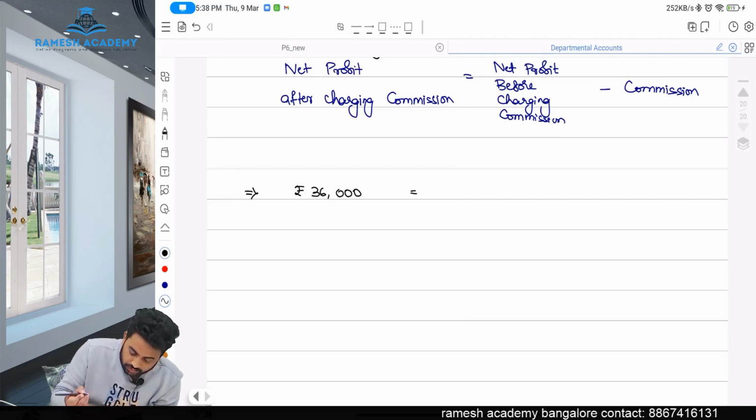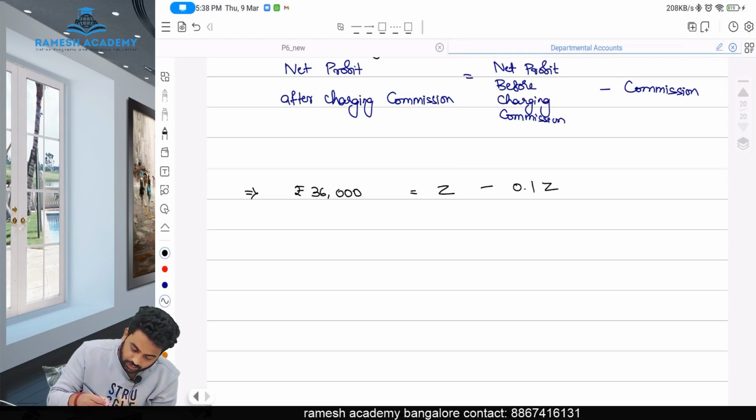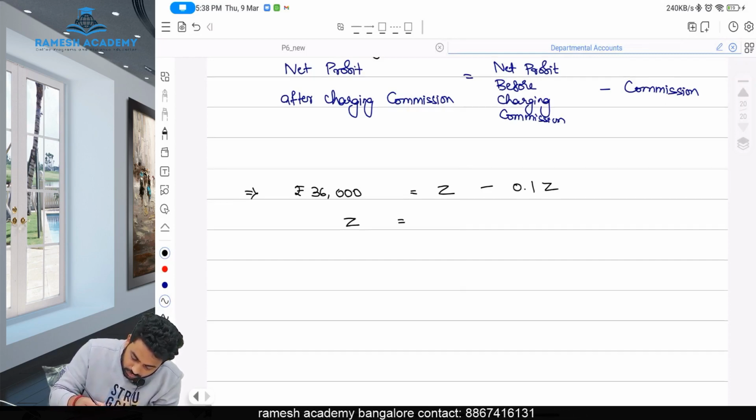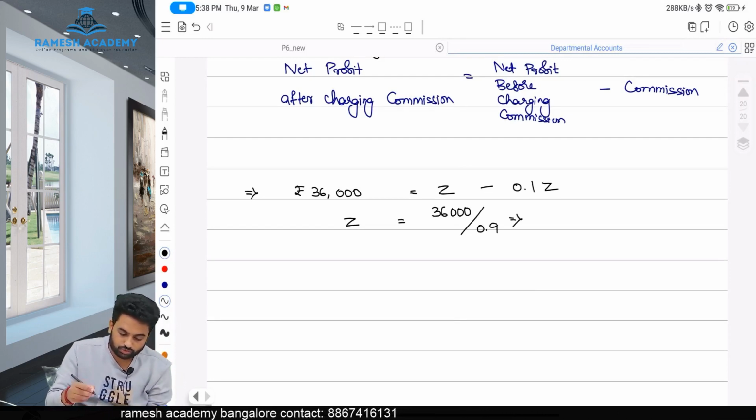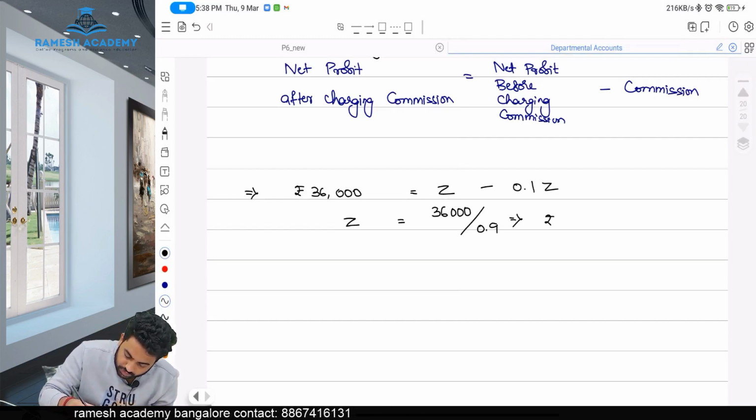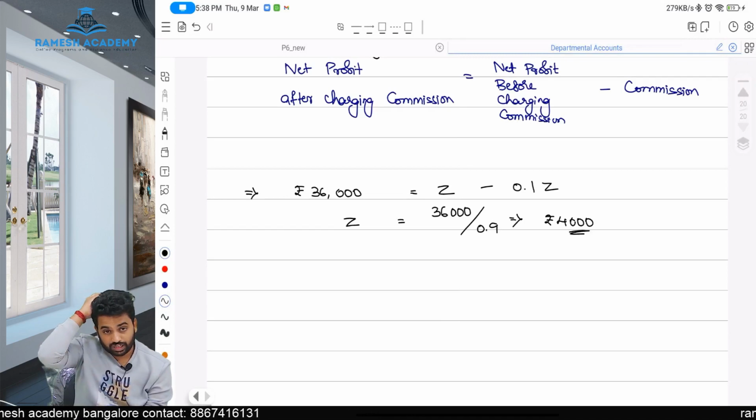How much is a net profit before charging commission? We don't know. Let it be Z. How much is the commission? 0.1 Z. So Z is equal to 36,000 divided by 0.9. So how much is it? It is 40,000.